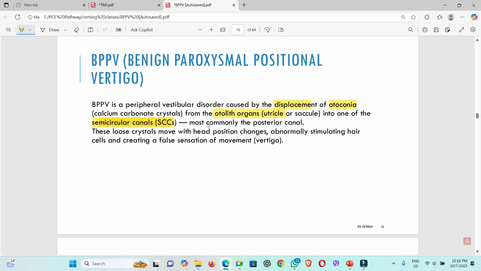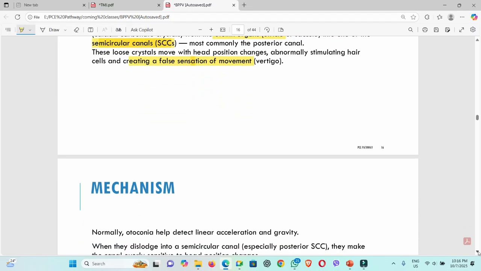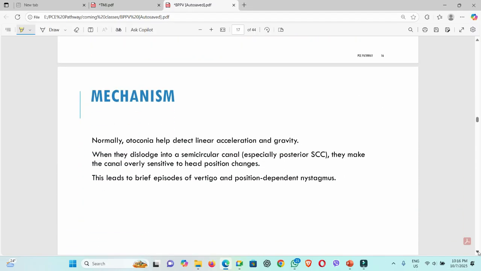These loose crystals move with head position changes, abnormally stimulating hair cells and creating a false sense of movement, that is vertigo. Now let's understand the mechanism behind it. Normally, otoconia help detect linear acceleration and gravity. We read it.